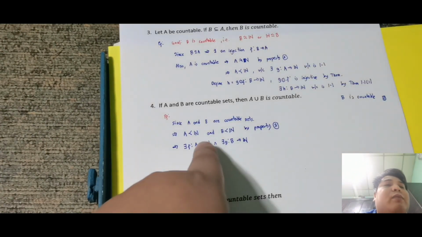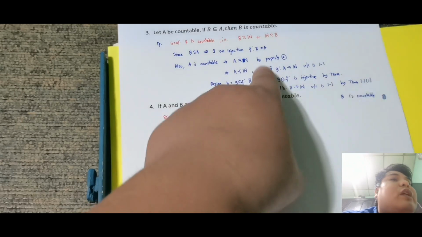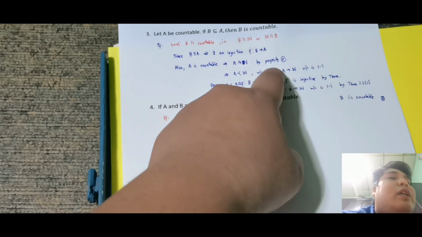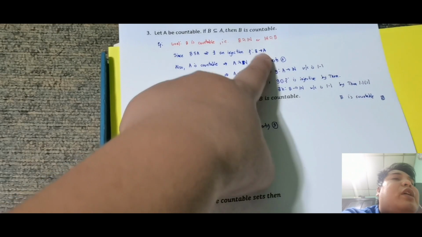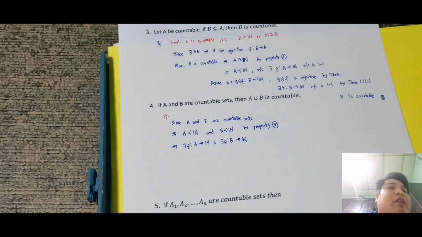So sir, bakit hindi pwede? Kasi pag kinompose natin G circle F, hindi sila magbi-bridge. Unlike dito, nag-bridge, kasi B, A, A, N. So yung range nito, yung codomain niya, is equal sa domain ng G. Kaya nagbe-bridge. Kaya nakuha natin B implies N. Dito hindi. Hindi ka pwede maglabas ng composition ng dalawang function.